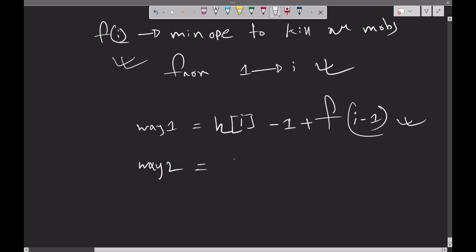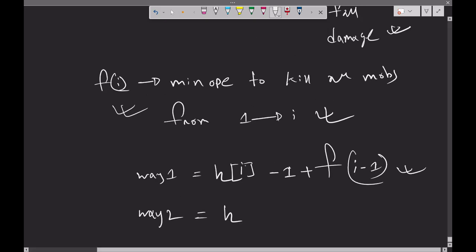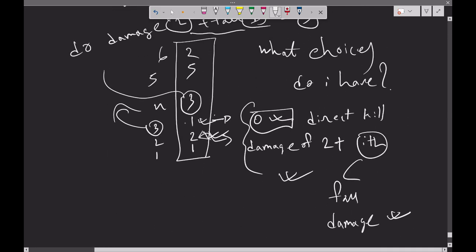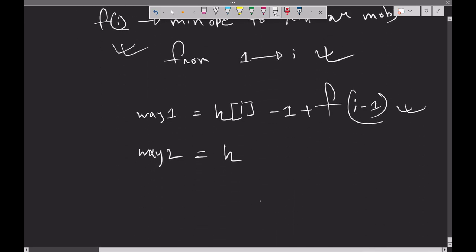Another way can be, we don't want to kill the current element, right? So we want to kill the current element through the element below it. Suppose we want to kill this element not directly. What we can do is kill the element below, and this element will receive a fall damage and die eventually, right?